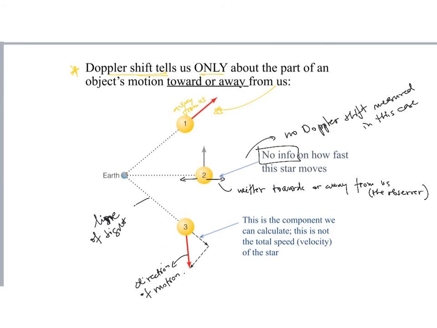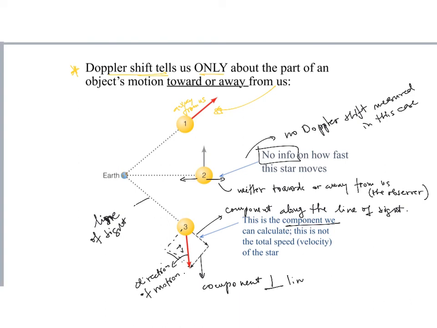However, we can decompose this velocity into a component that is along the line of sight, and a component perpendicular to the line of sight.